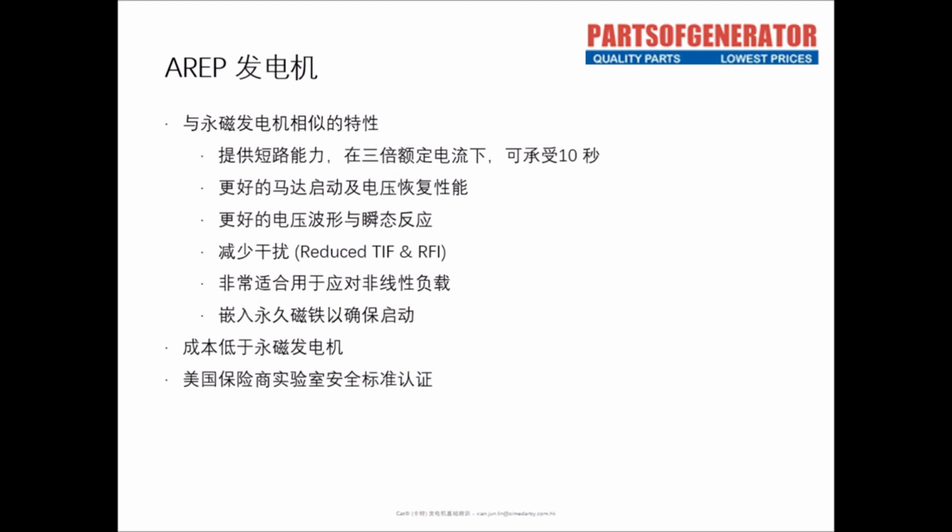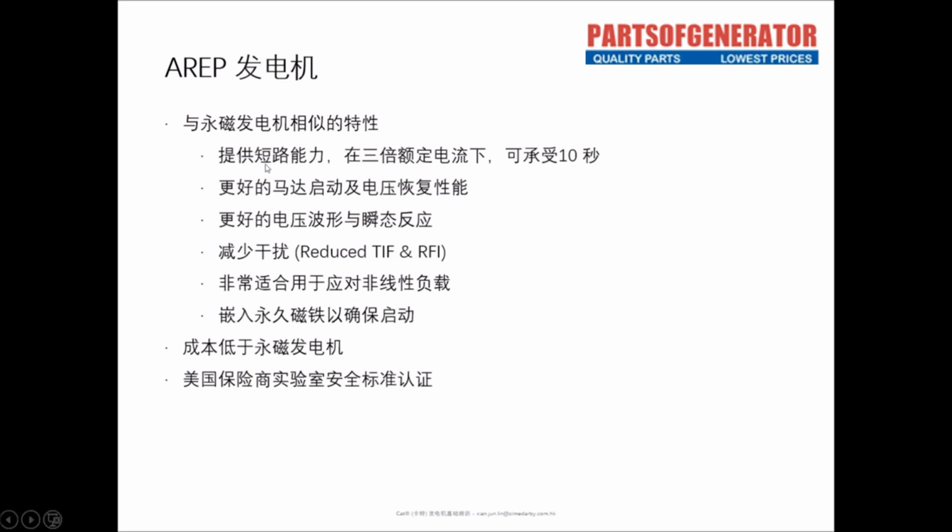We will also introduce the performance of this generator. Generally speaking, it is actually the same as the performance of the permanent magnet generator, except that it cannot establish voltage when there is no residual magnetism. Other aspects are very similar.